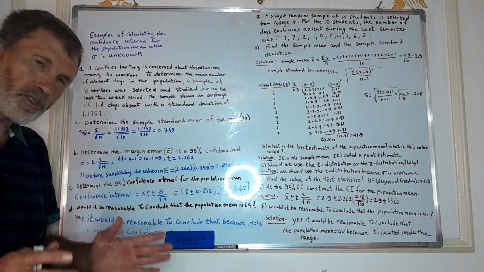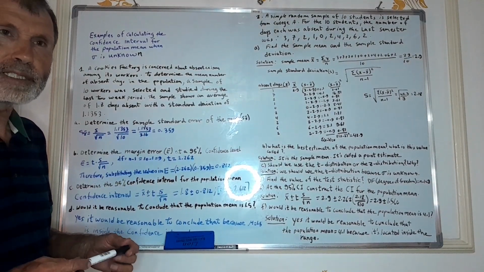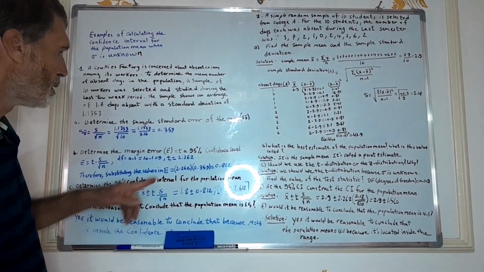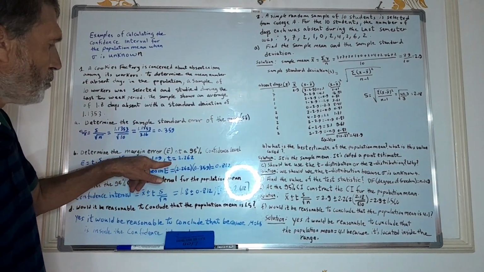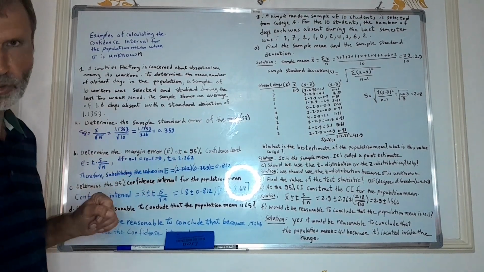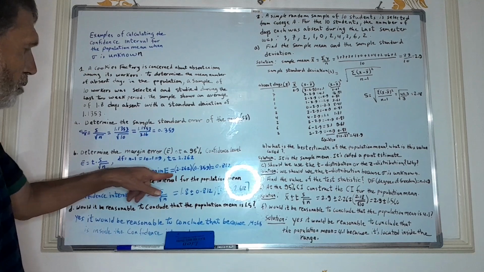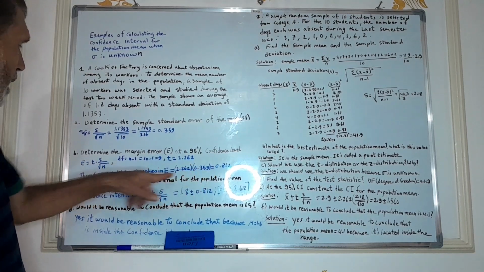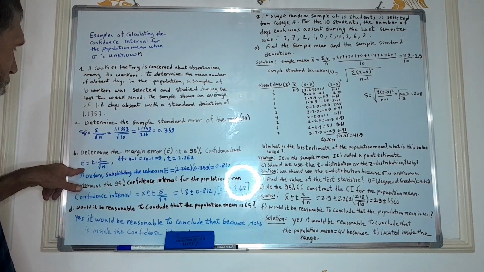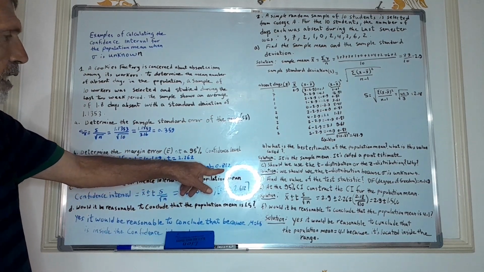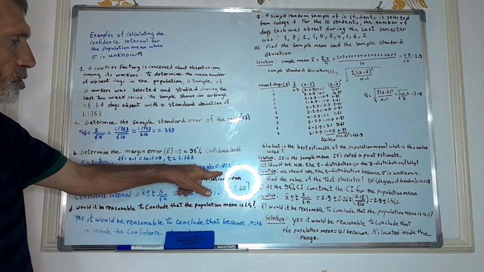Now, substituting the values in E, the margin of error is equal to 0.812. This is the margin of error.